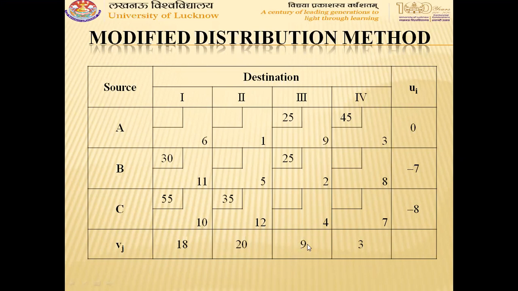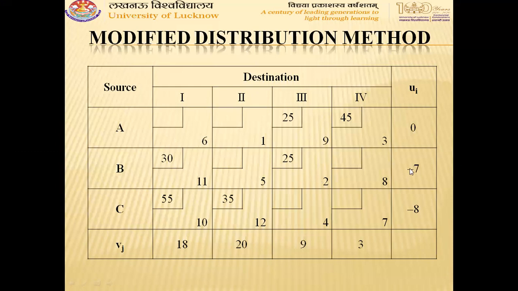So the value of v1 is 9. Then again for this allocated cell, we add 0 to 3, it will become 3, that is ui plus vj equals to 3. Then from this we can say 2 minus 9, that is minus 7.